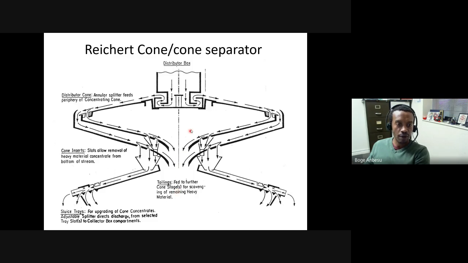So you could have one cone and then another cone under it. Now the tails from this first cone will go to the next cone, and again the same process applies. You can collect further product or a middling from the first cone, and you can process this for as long as you can to be able to upgrade the material.